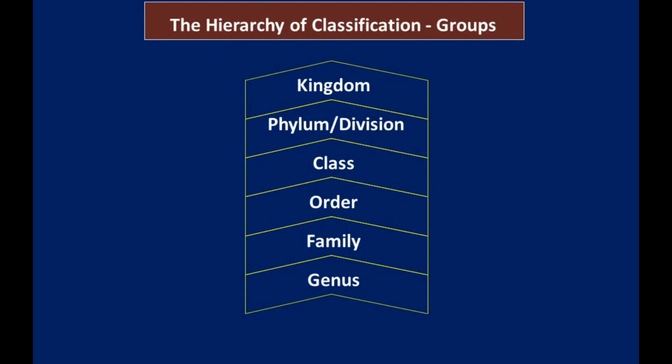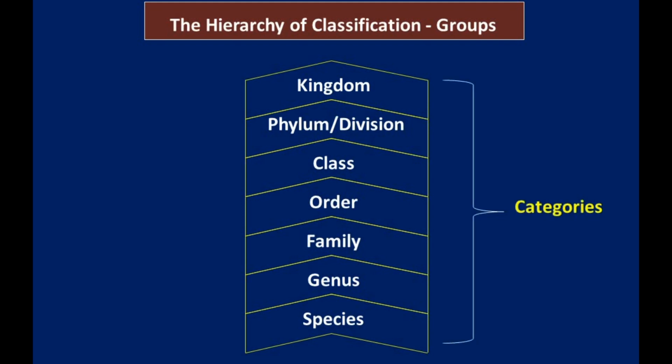Family is divided into genus. And genus has a number of species. So these are the hierarchy of classification. Kingdom, phylum or division, class, order, family, genus, species, these are the categories.